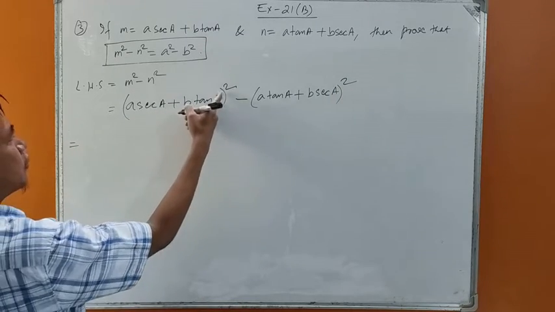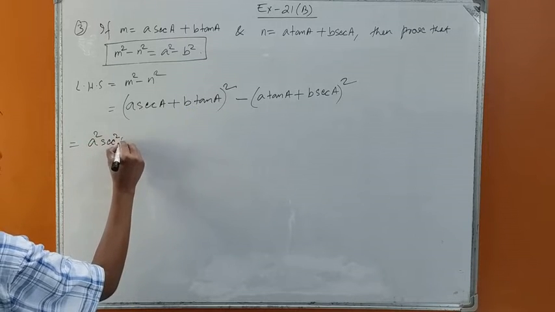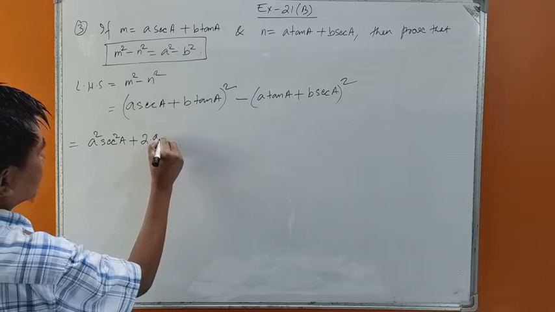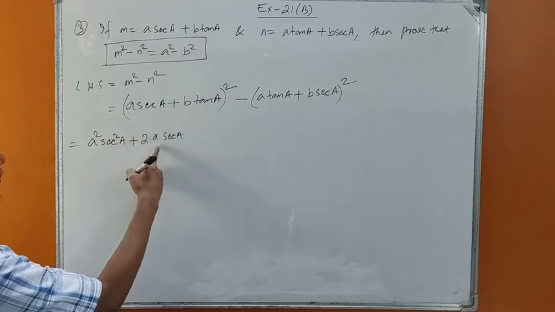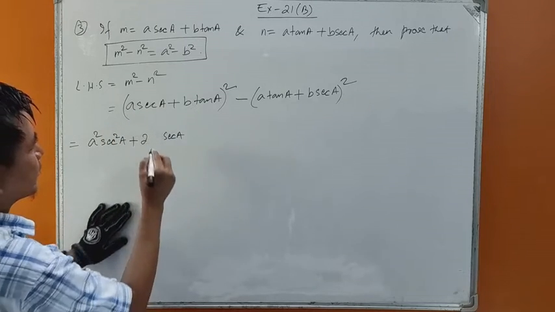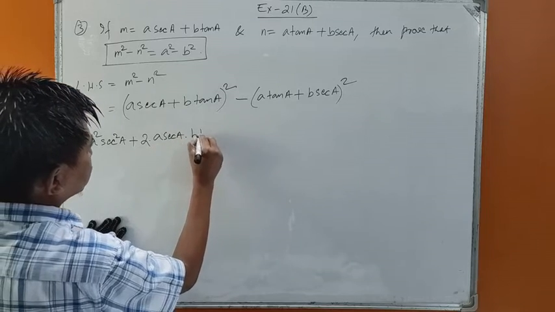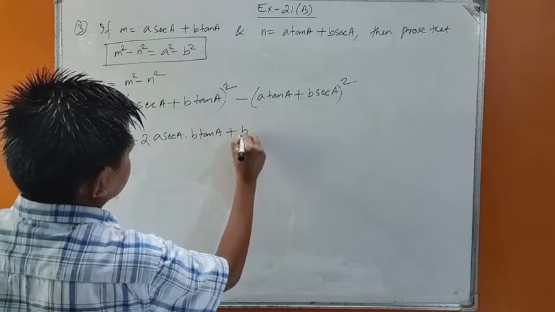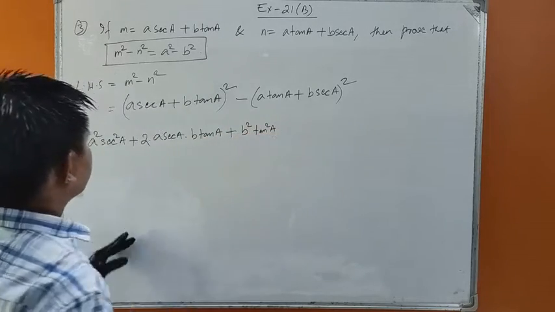A plus b whole square means a square plus 2ab. This is a, 2ab, a sec a, okay? 2ab, b is b tan a, plus b square tan square a. Are you getting me?